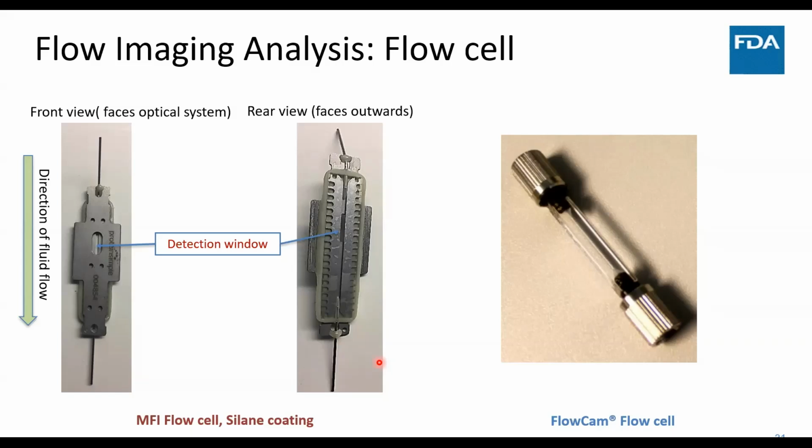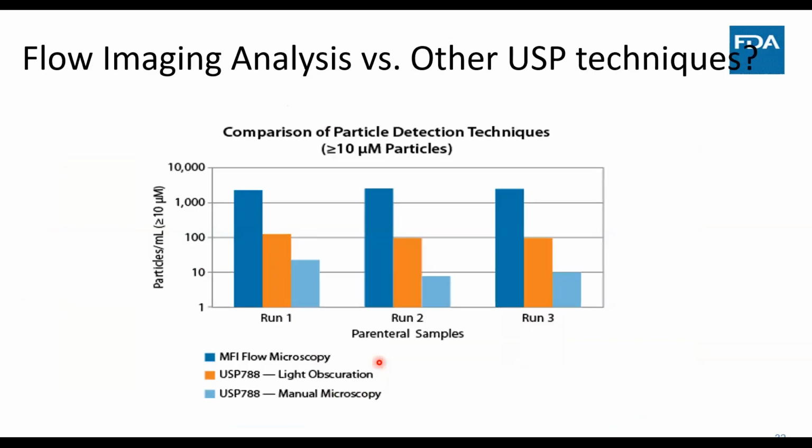The flow cell is the location at which we're taking our images, and it's one of the workhorses of the instrument that needs to be paid attention to: what is the size of the flow cell being used, and what percentage of our fluid we are taking images from.